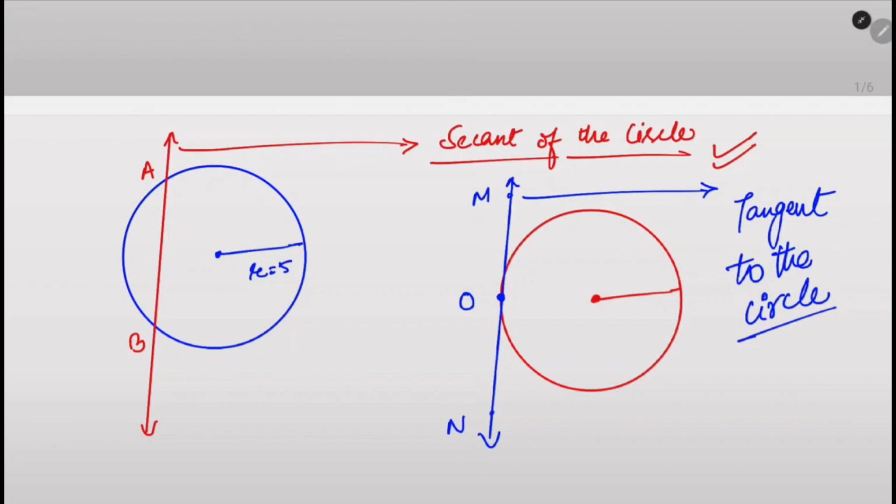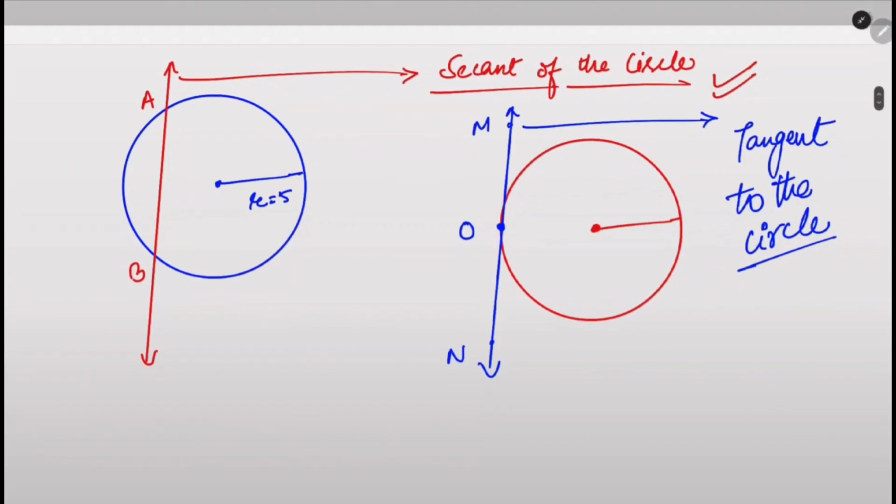Right? This is known as tangent to the circle. Now what is the difference between a secant and a tangent? A secant is a line segment which touches the 2 points. Here it is touching 2 points of the circle, whereas a tangent is a line segment which touches only a single point on a circle.